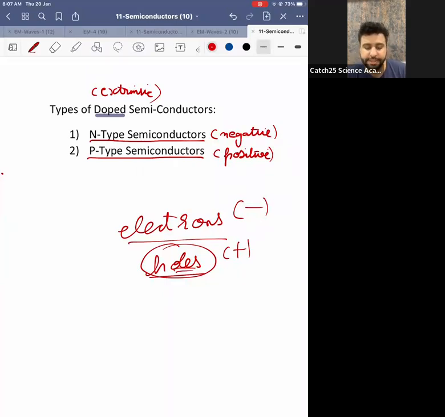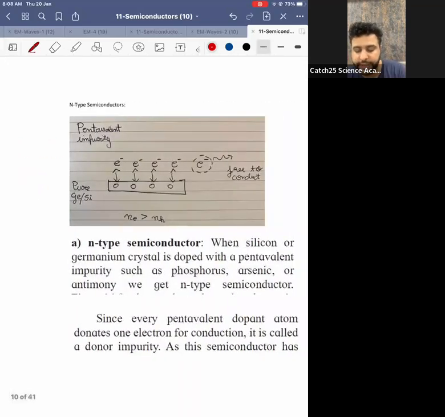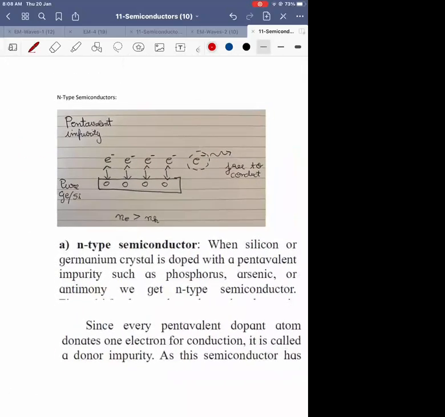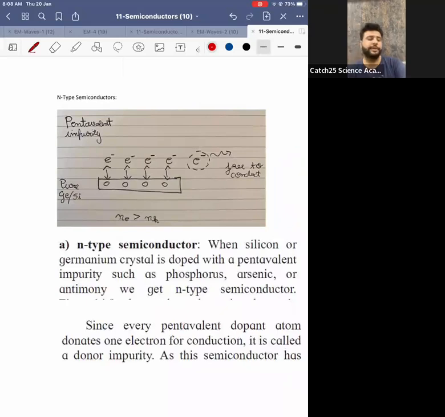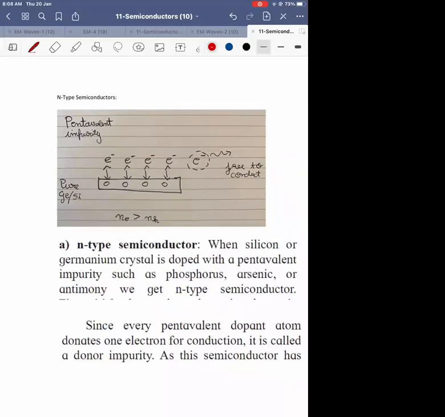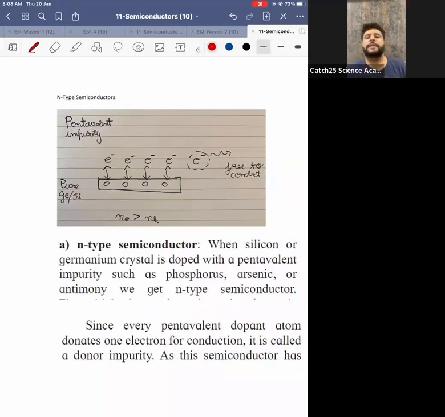Based on this logic, we will study what is N-type semiconductor and P-type semiconductor. Therefore, write down the side heading. Can you please repeat? The last point: germanium and silicon have 4 electrons in the outermost orbital.